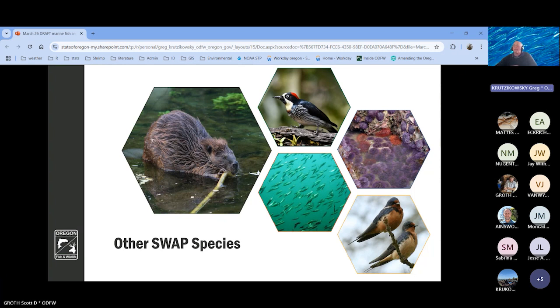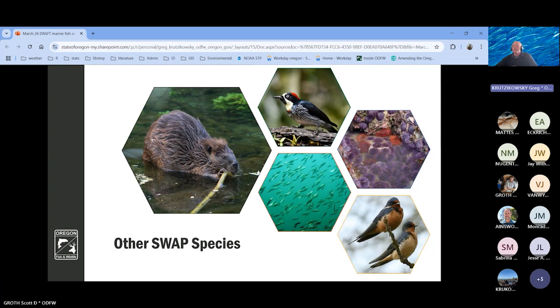Similarly, in the marine environment, we specifically looked at criteria specific to the nearshore ecoregion that include if a species meets at least one of the SGCN criteria and also meets one or more of two other nearshore criteria. One, that it has ecological importance, like Pacific herring, for example, which are an important trophic link between the primary and secondary producers and the higher order predators.